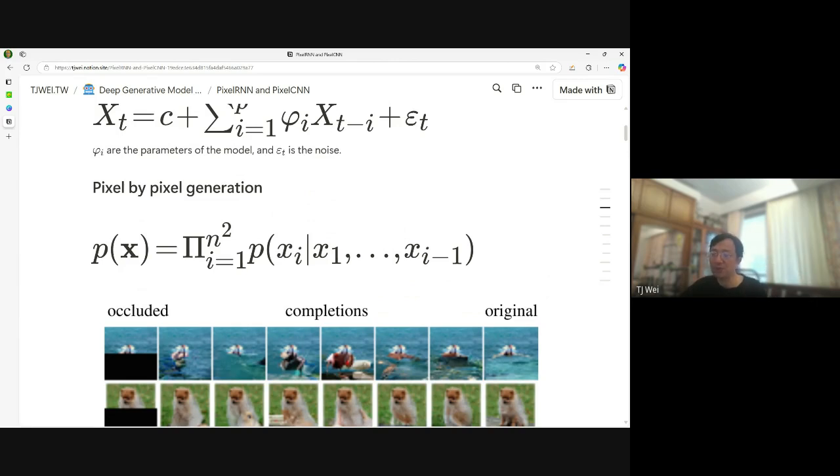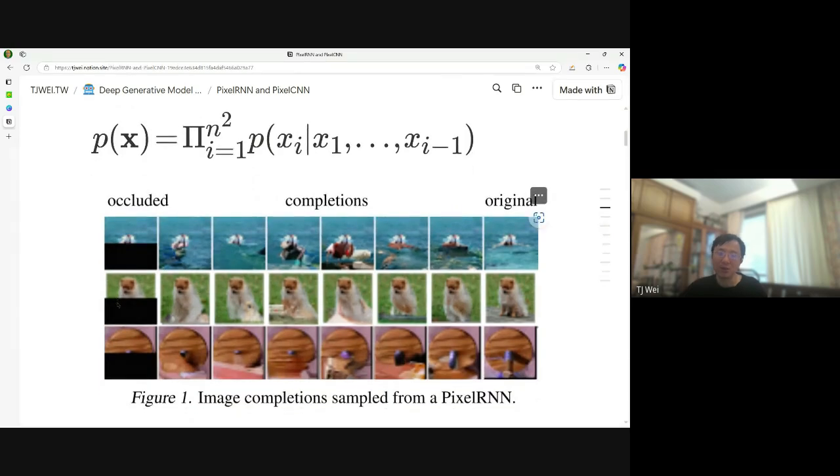It in fact chose a few different types of orders on the pixels. So in this picture, it pretty much suggests some kind of top-down order.